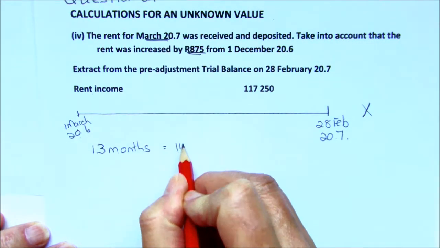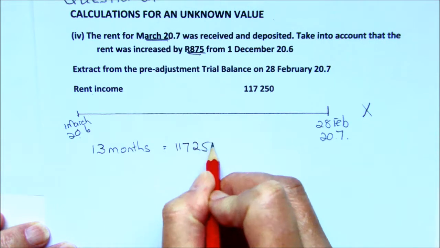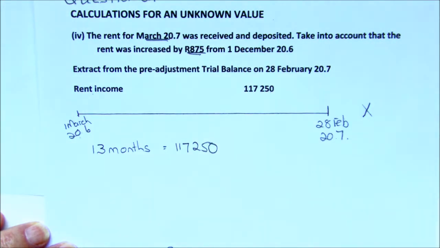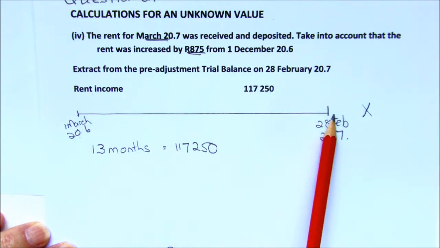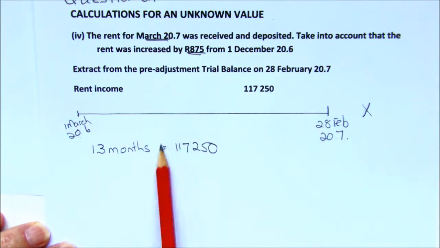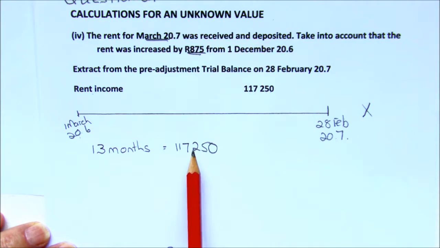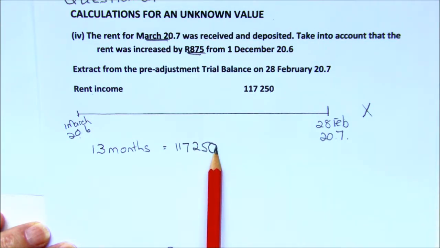So that figure of 117,250 is 13 months' rent. In my financial statements, I only want this year's rent. So I'm going to have to adjust this to get the extra month's rent because it belongs in the next financial year. Remember, I'm applying matching. The rent for March is actually in the next financial year.